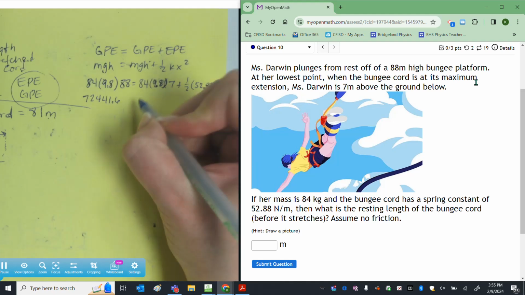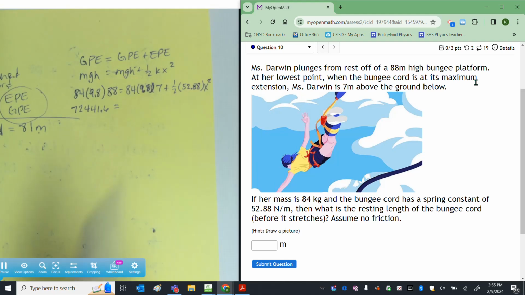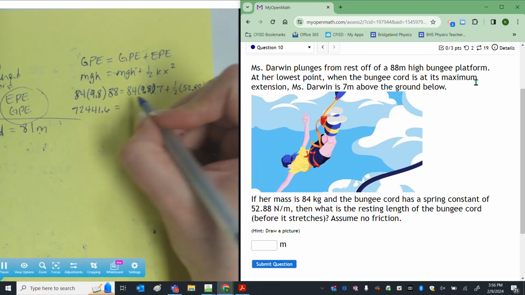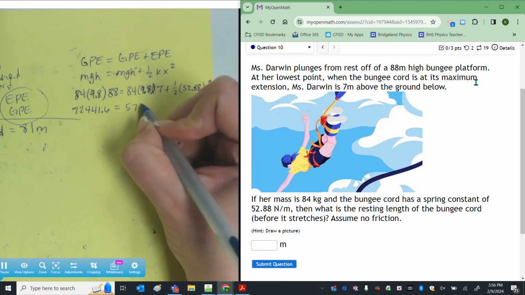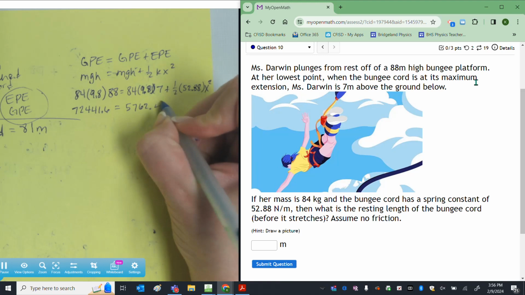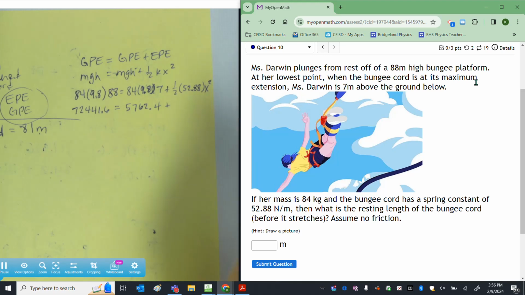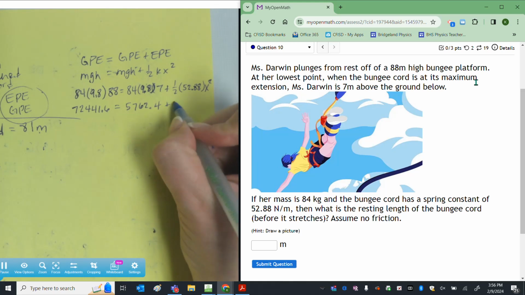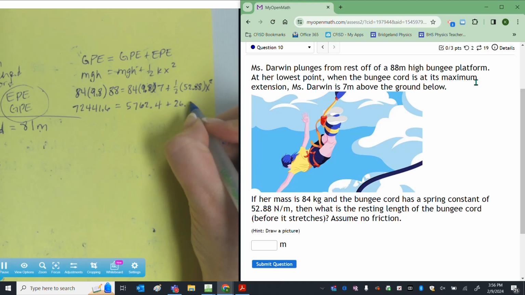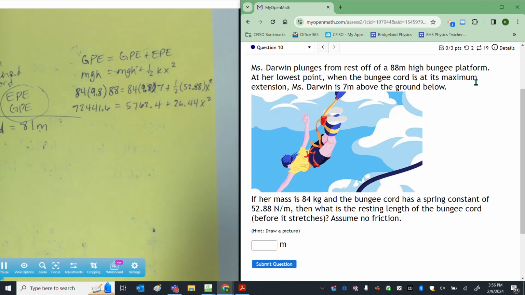At the end, the gravitational potential energy is 84 times 9.8 times 7, which is 5,762.4. And then half of 52.88 is 26.44x squared.